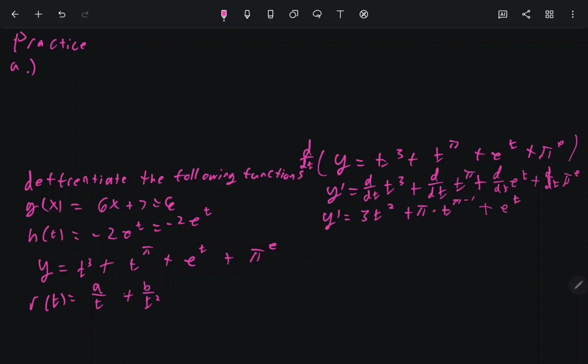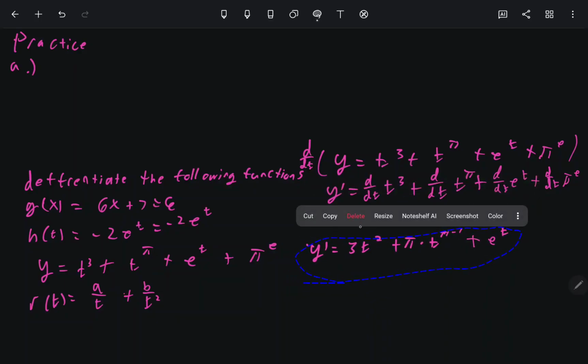Alright, and then finally, the derivative of pi to the power of e, that's just a constant, so 0. Alright, so we found this, y prime is equal to this. And now I can delete the rest of this.